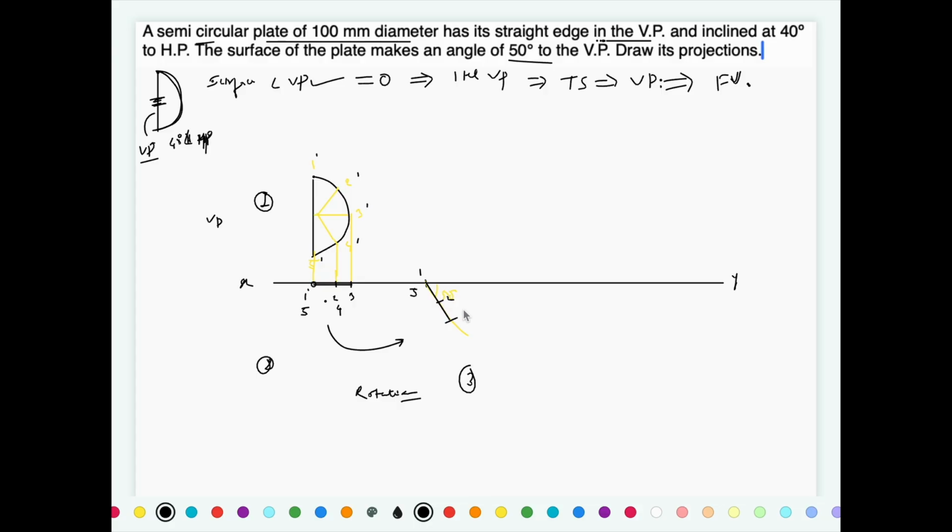So 1, 2, 3, 4 and 5. 1, 5 we already have located. So this is the top view that we have got. Now project all the points for the front view. Project all the points from the first front view as well.